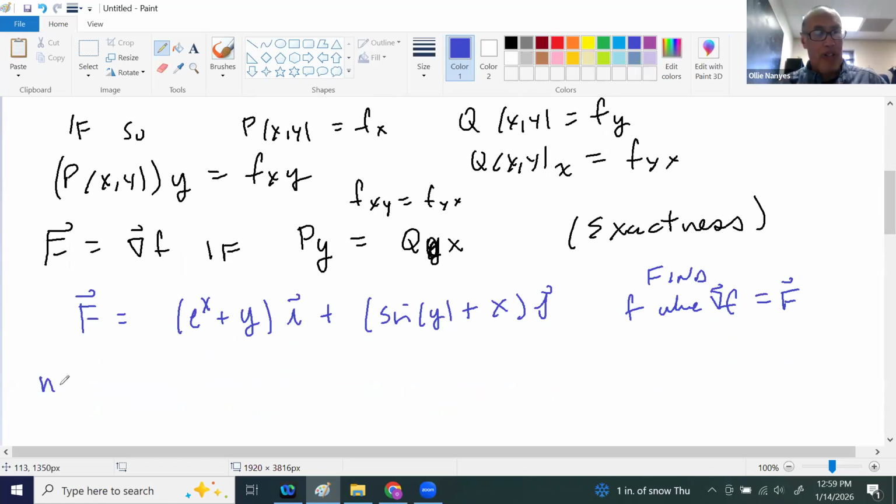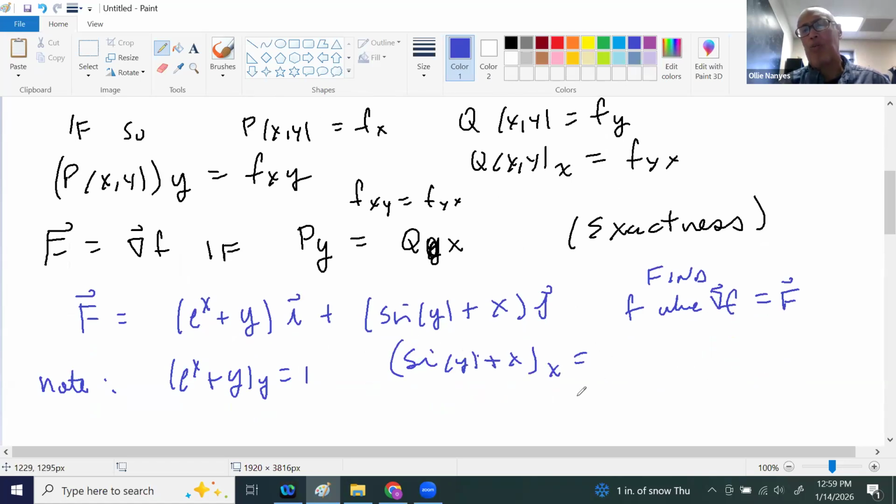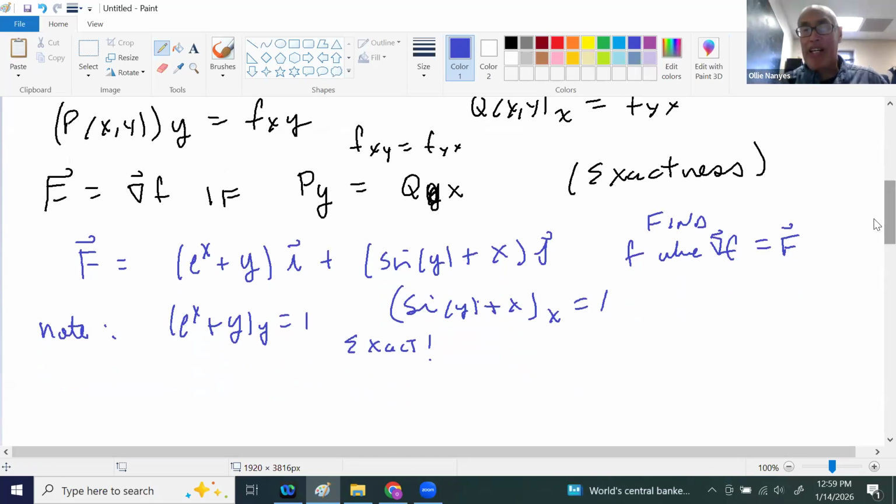Now, one of the things you note is that if you take this with respect to y, that's 1. And if you take this with respect to x, that's also 1. So this is exact. So how do we actually find this little f?